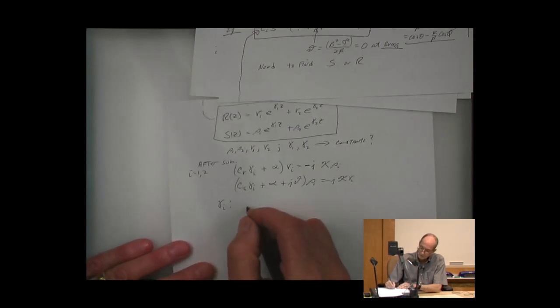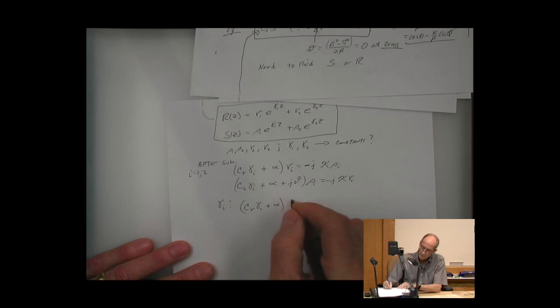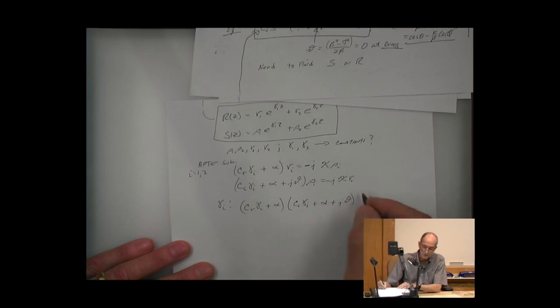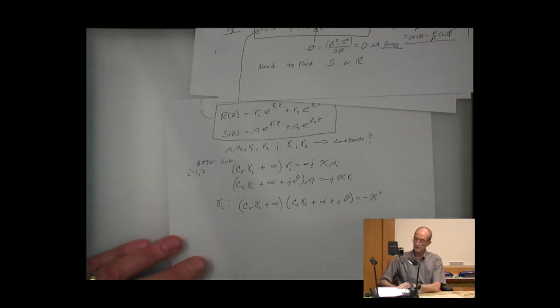We have C sub r gamma I plus alpha times C sub s gamma I plus alpha plus j times that detuning parameter is equal to minus kappa squared.